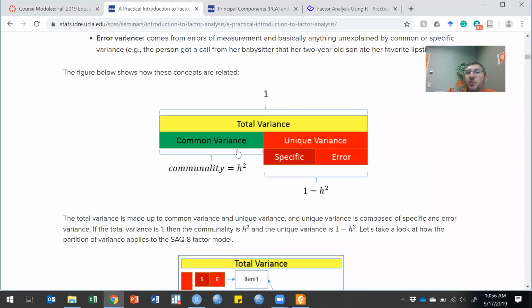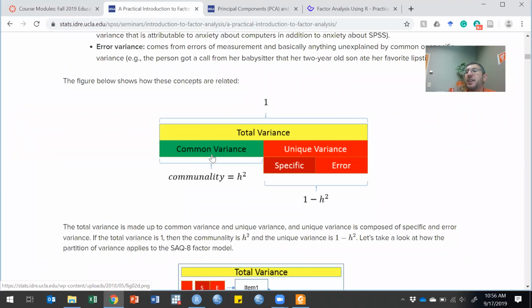So we said the total variance in our variable, we can think of it as either being common variance or unique variance. The common variance is the variance that variable shares with other variables. And unique variance is variance that's specific just to that variable.